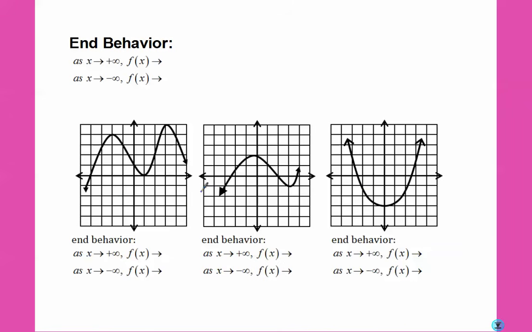The other thing we're going to talk about today is end behavior, and it's just like what it sounds. It wants to know how the ends behave, or what they're doing. So when you see, as x goes to positive infinity, f of x goes to, this is talking about the arrow on the right, so the right-hand side arrow points blank.